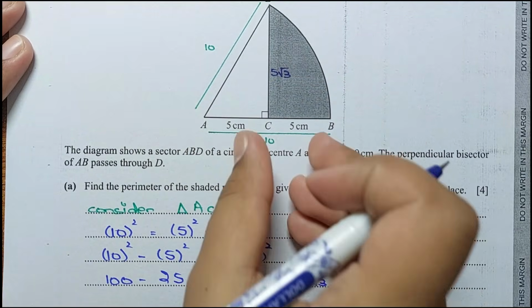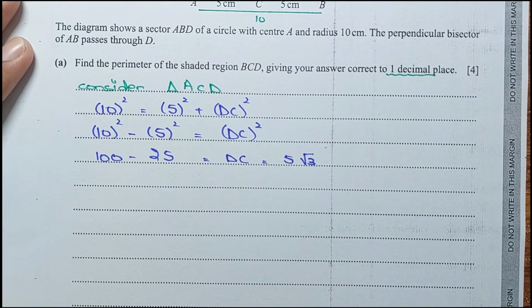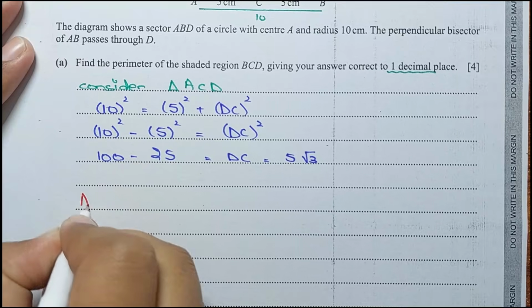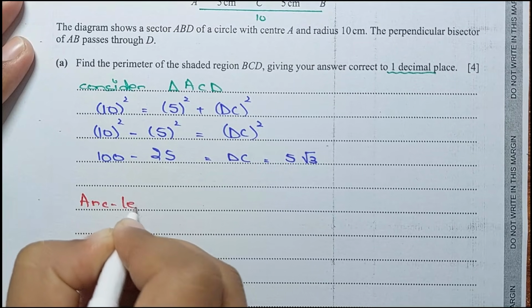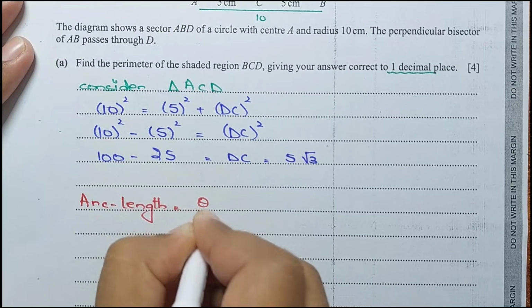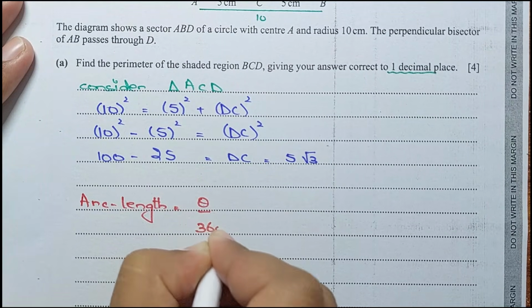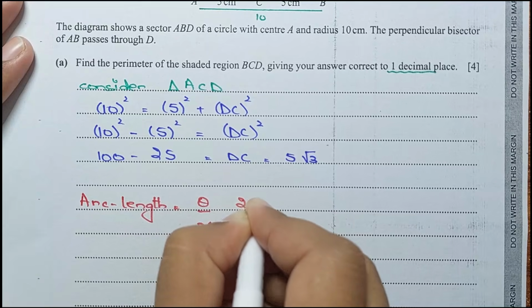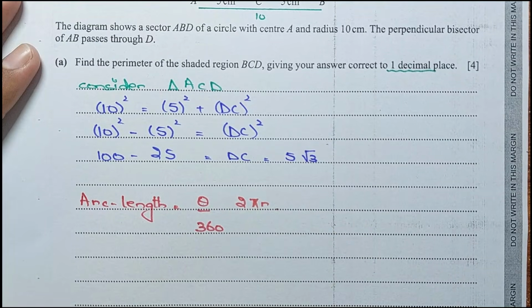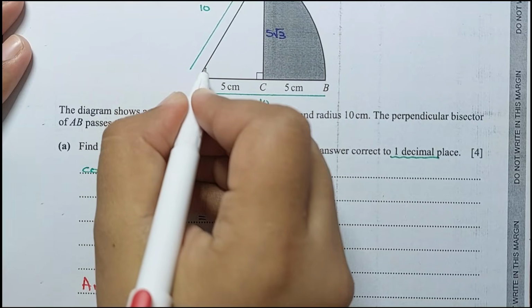Okay, now we have this length, we have this length. Let's find the arc length. The arc length is theta over 360 times 2 pi r. That is the formula for arc length. We have the radius, which is 10, but we don't have the value for theta.